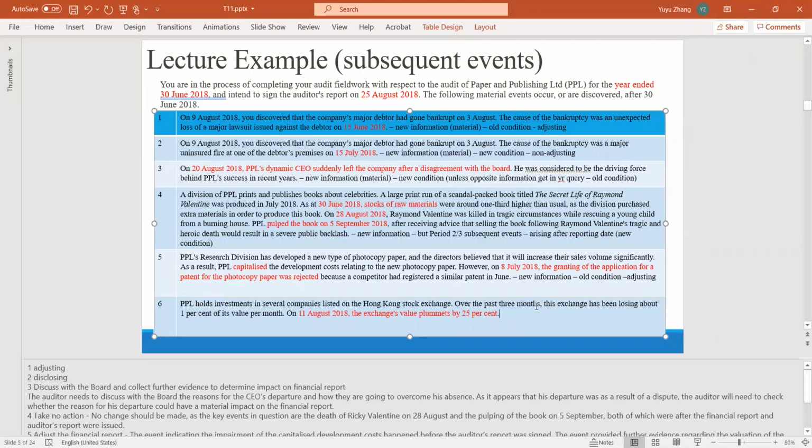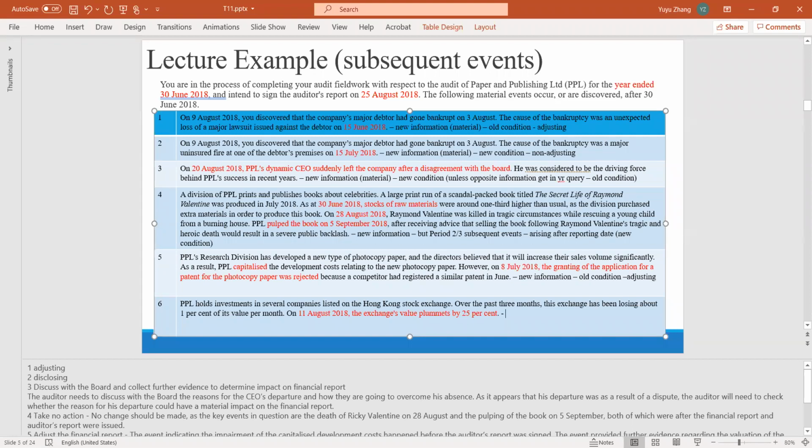Number 6, the company holds investment in several companies listed in Hong Kong Stock Exchange. In the last 3 months, the exchange has been losing about 1% of the value per month. So altogether, that's 3%. On 11th of August, exchange value plummets by 25%. So the 3% over the last 3 months is probably new information, but not that material, right?